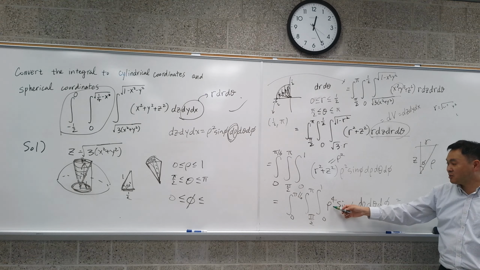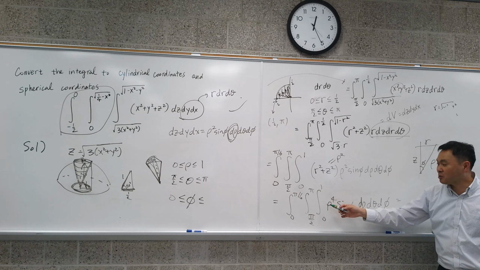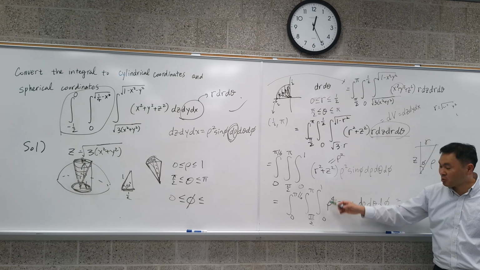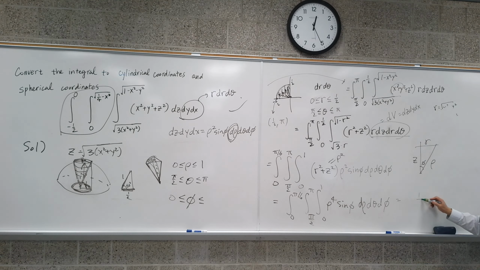So in that case, if you integrate this one, it'll be 1/5 rho to the 5th power, and you plug in 1 and 0, so you get 1/5. And then you have to integrate d theta from pi over 2 to pi, so that's pi over 10. You still have to integrate from 0 to pi over 6 for sine phi d phi.